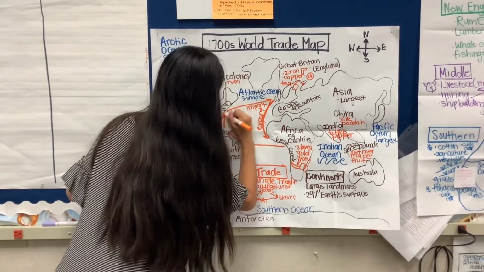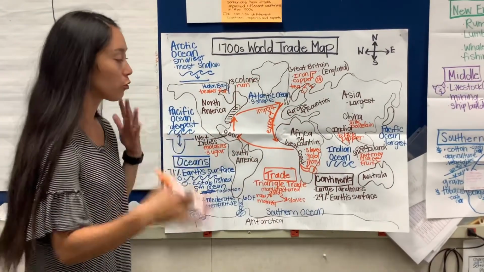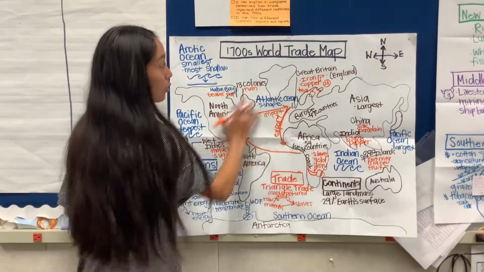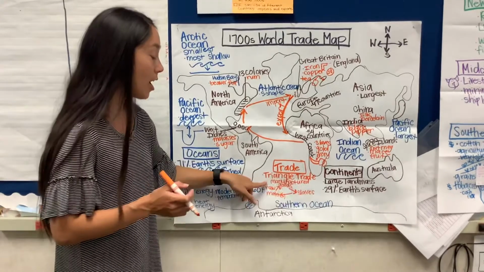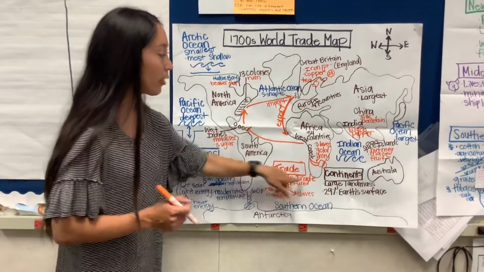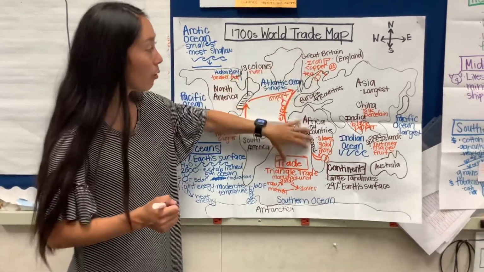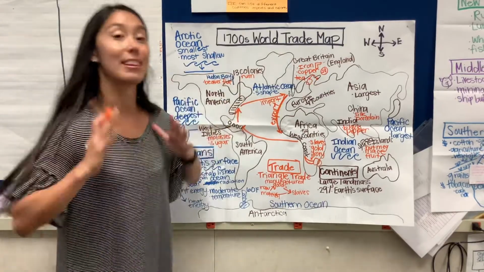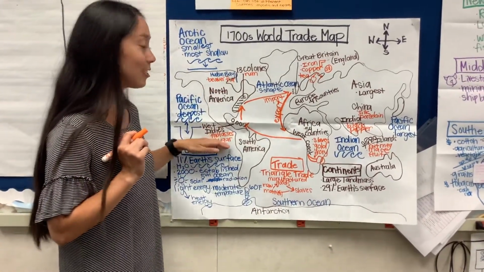In addition, their trade also is in a triangle shape. Another way that this trade in the 1700s was known was the triangle trade. Read this with me. Triangle trade. So different countries exported their goods. For example, in North America, they exported rum, beaver fur, molasses, and sugar.